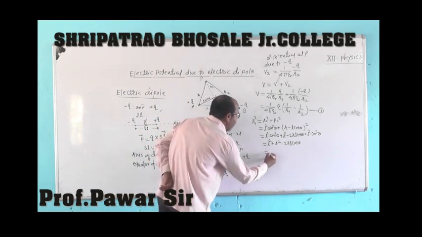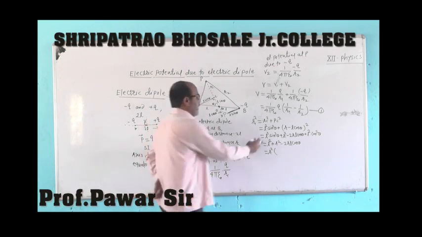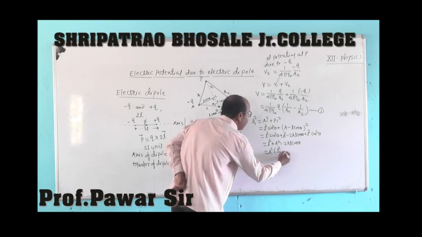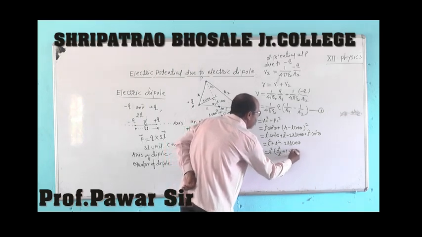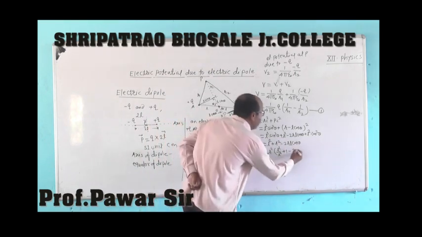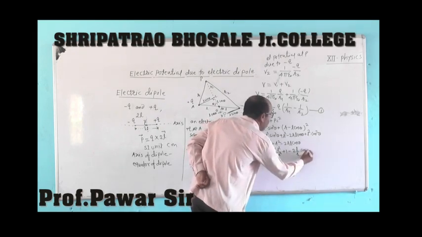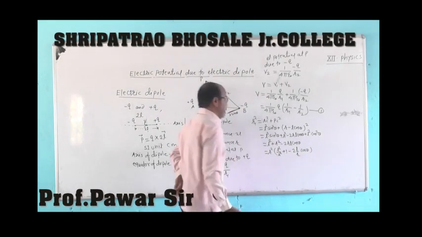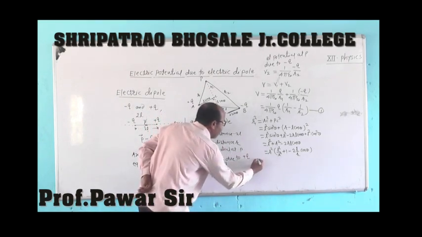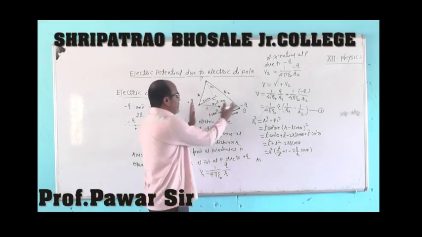Take R square common, R square into bracket will be L square divided by R square plus 1 minus 2, R is common, we have to divide by R, into cos theta. We use the condition that the dipole is very short.